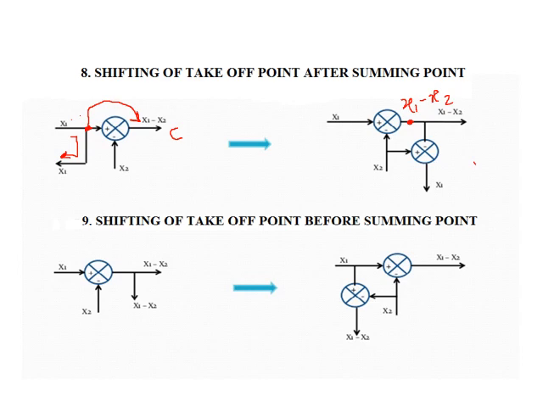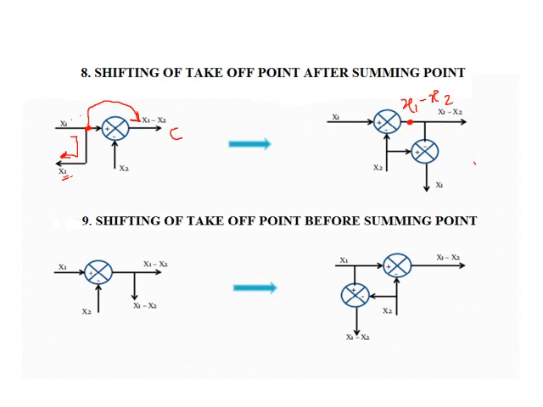Now look at this, the takeoff signal is labeled with x1 and the value of that takeoff signal is x1 only. So after shifting, the value of x1 should not change. For that what we did, we have added an extra summing point.